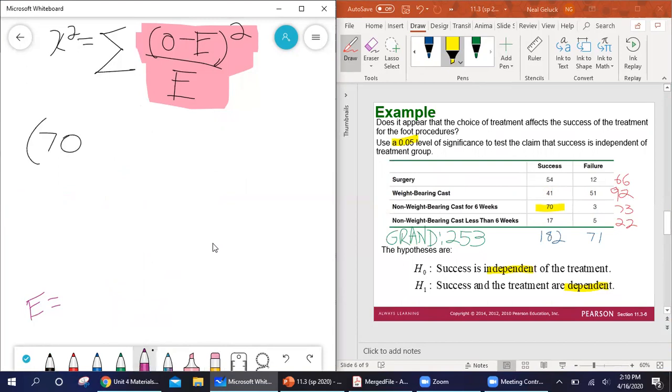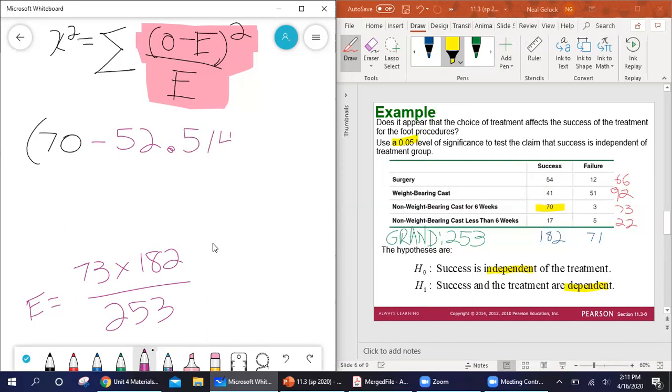I've got to calculate the expected. The row that number 70 is in has a total of 73. The column has a total of 182. The grand total is 253. This will give you an expected here of 52.514.